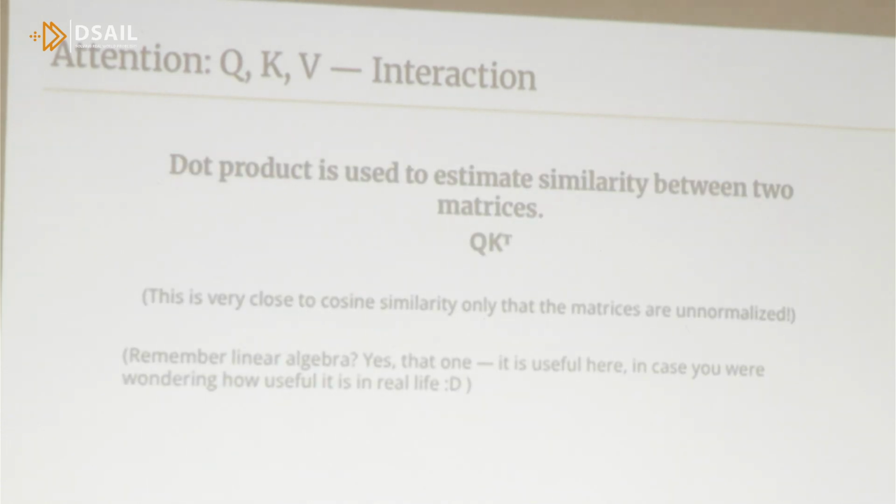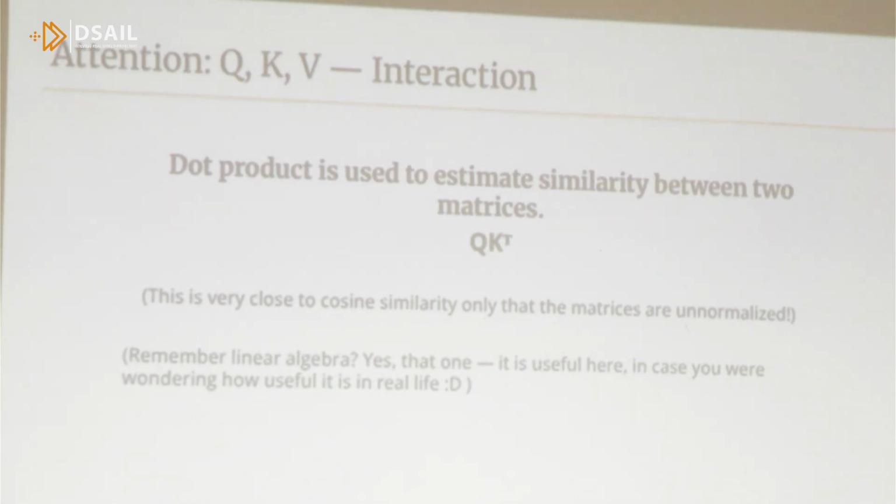So dot product is used to estimate similarity between two matrices. You notice we multiply Q by K transpose, and I think Cedric has covered that a lot, so we'll not get back into why we transpose. This is very close to cosine similarity, only that the matrices are unnormalized.